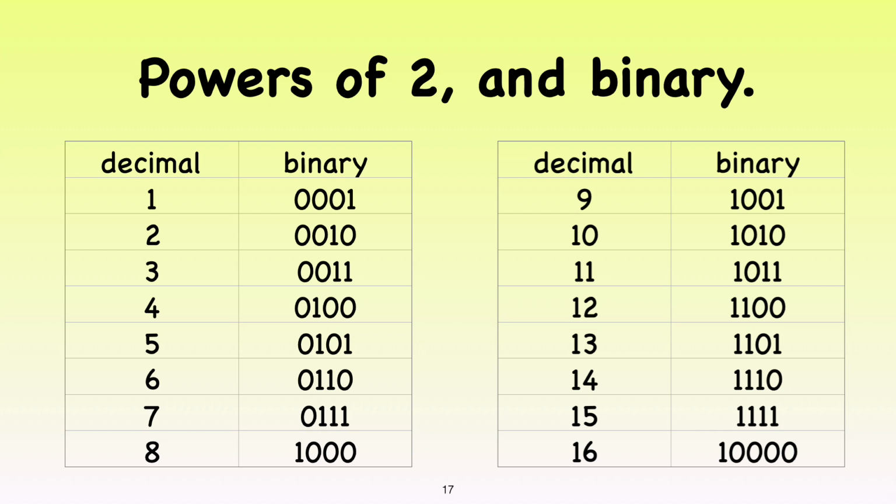Here's a table of the numbers from 1 to 16 decimal, and how a computer, even one as simple as a calculator, uses them. How do we read binary? For instance, the number 8 in decimal would be read 1000 in binary. You might want to pause the video here and study this table and see if you can see the patterns.